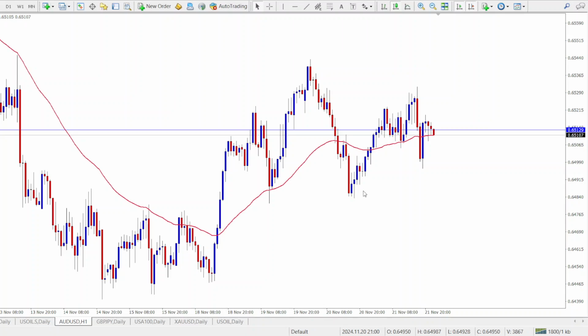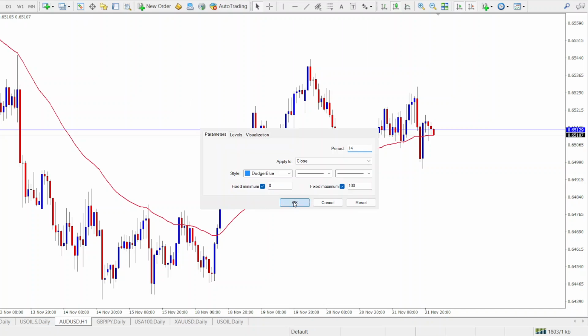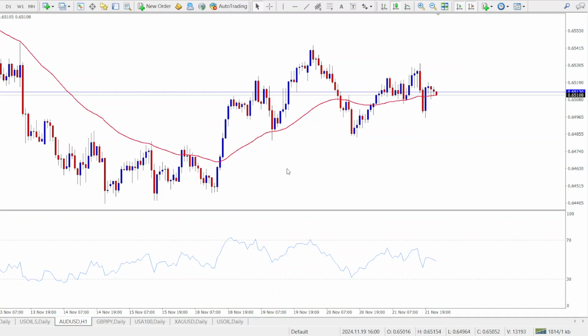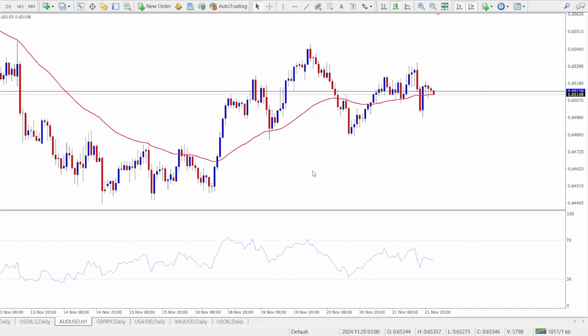For instance, you can decide to combine the moving averages with the relative strength index, or any other indicator that you feel is easy for you to understand. You can decide to use the RSI or any other indicator of your choice just to confirm signals. You can use the MACD, stochastic oscillator, or any other common indicator that can be easily understood.